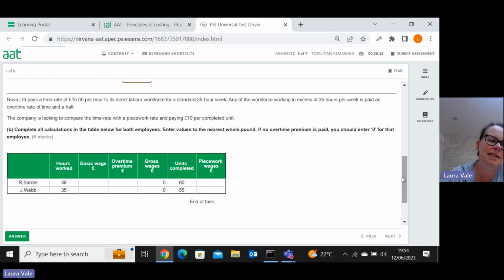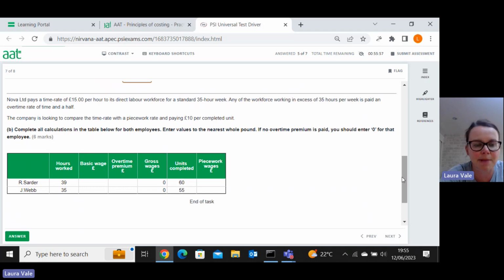Nova Limited pays a time rate of £15 per hour to its direct labour workforce for a standard 35-hour week. Any of the workforce working in excess of 35 hours per week is paid an overtime rate of time and a half.